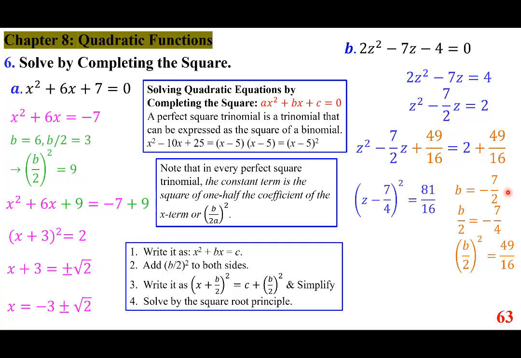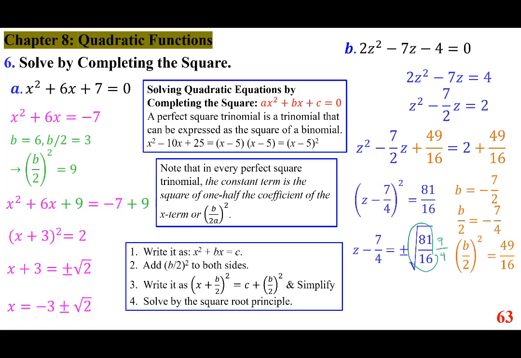Again, notice this, including the sign, comes in here. So the left side is z minus 7/4, and the right side is plus minus the square root of this guy, which is 9/4.